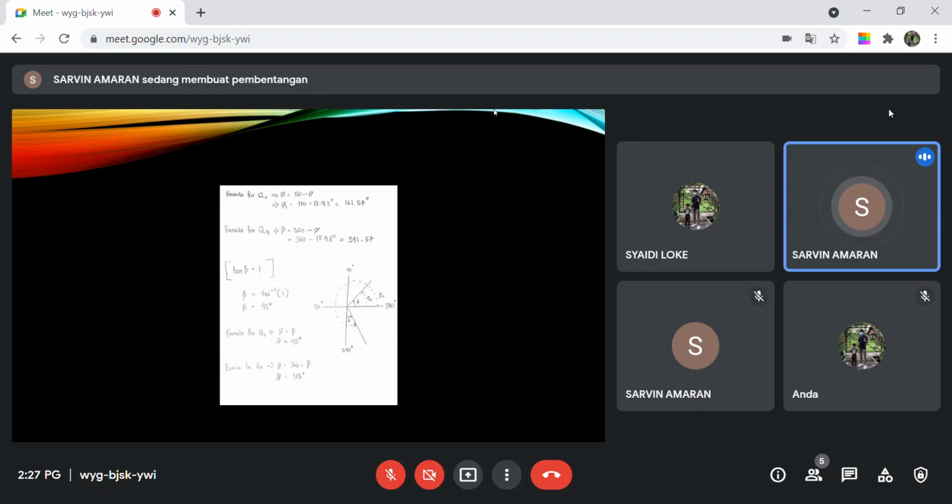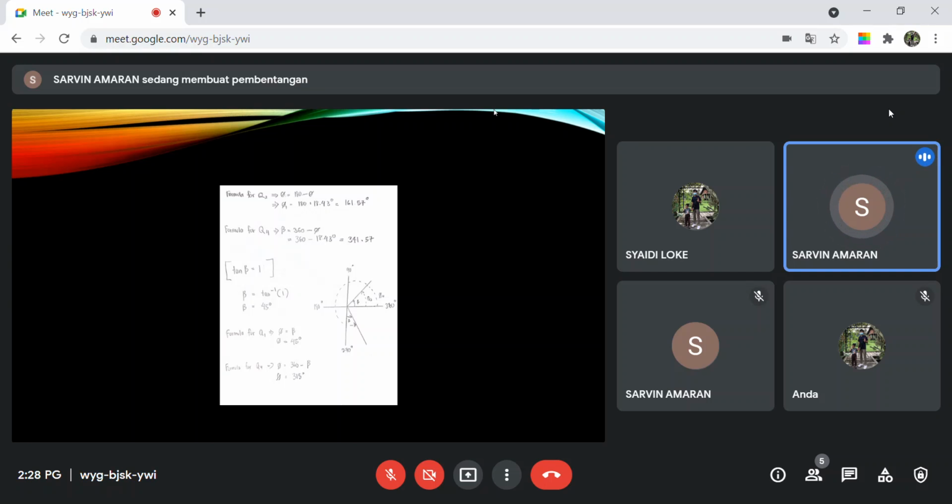Last but not least, follow step 4, which is to find the value of the angle. For quadrant 1, theta equals the reference angle, so theta equals 45. For quadrant 4, theta equals 360 minus the reference angle, and the answer is 315.